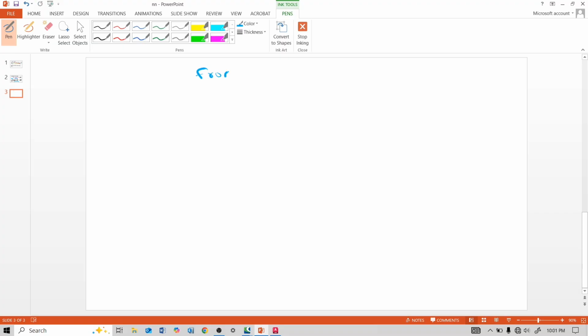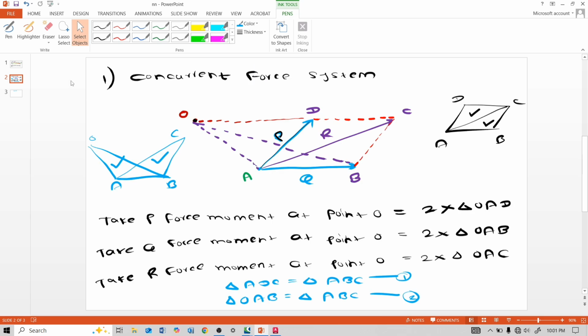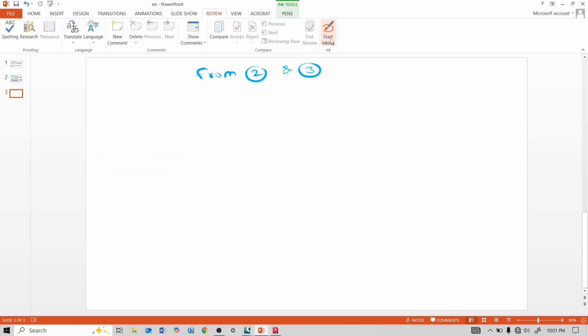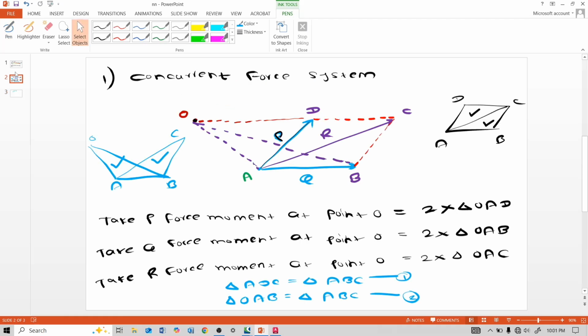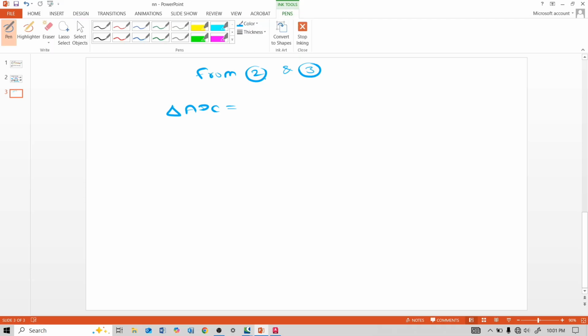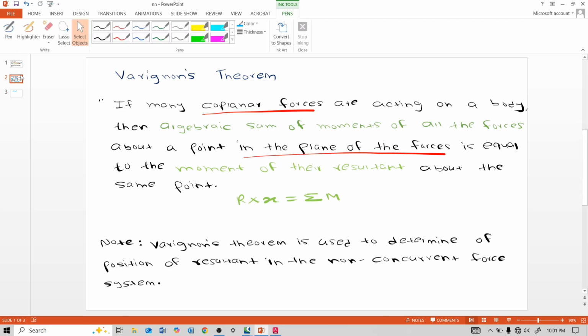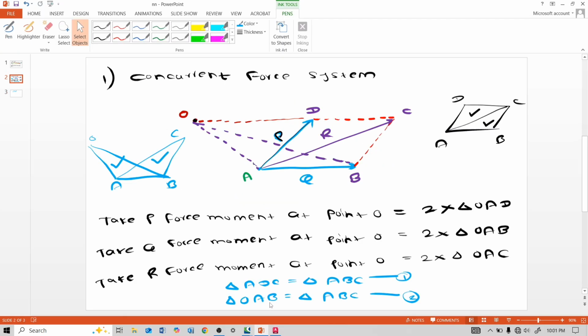So from 2 and 3, triangle ADC equal to triangle ABC equal to triangle OAB.